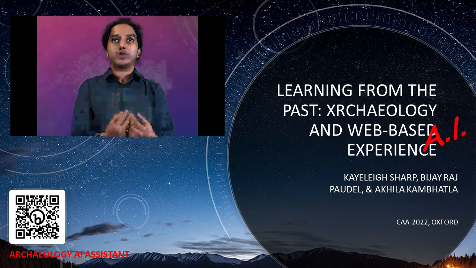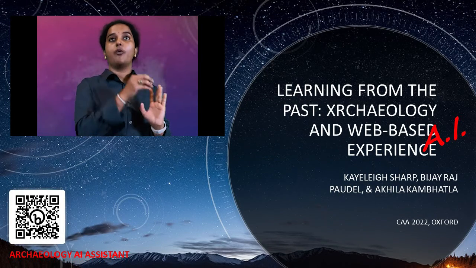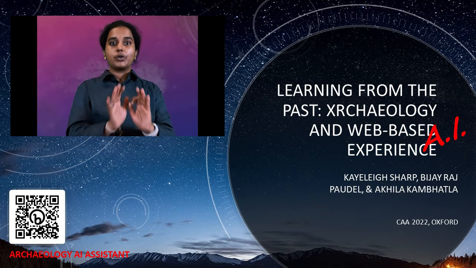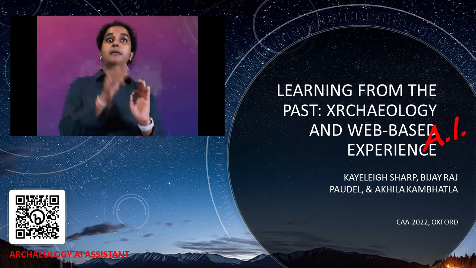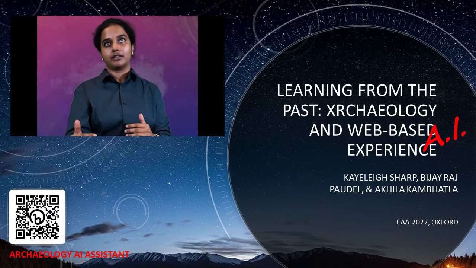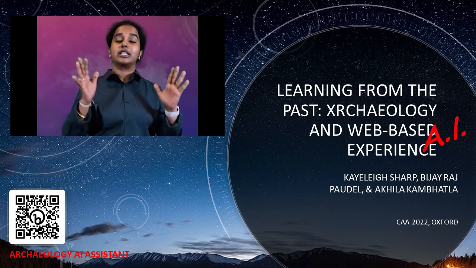So I will become the user saying, okay, what is this? What kind of artifact is that? What is the material? Where is it found? These are the relevant information associated with the image, so the AI answers according to that. Now the GPT-3 model is a pre-trained model with gigantic data.